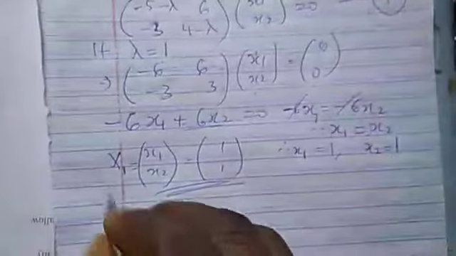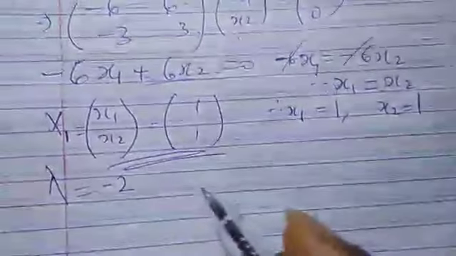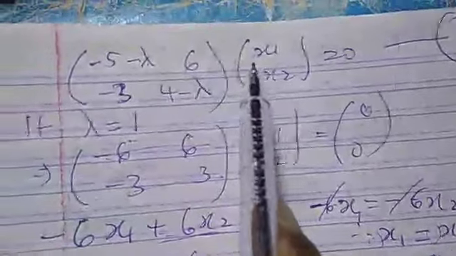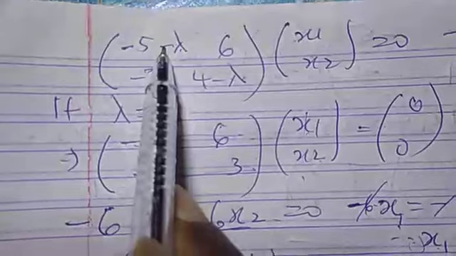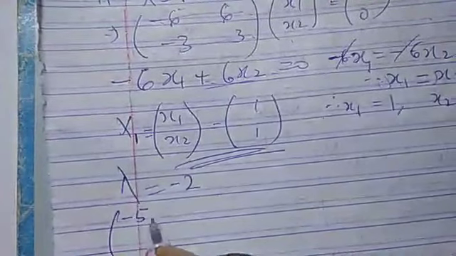And the second case, for lambda equal to minus 2, that's the second answer that we got here. Anywhere I see lambda, I'll put it as minus 2. And there's a minus here before, it will become plus. So what we are going to have there is minus 5 minus 2, that will be plus 2.